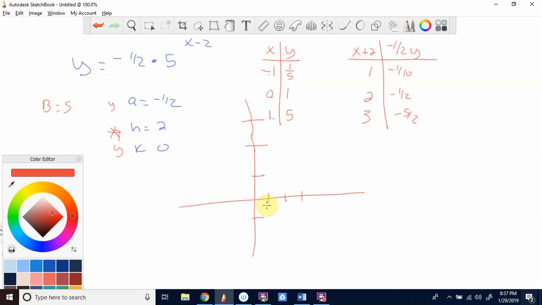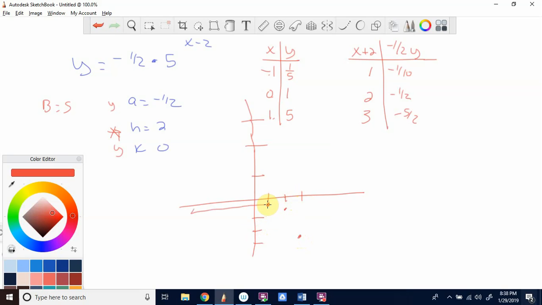So somewhere right here. And then 2, comma, negative 1/2. So it's going to be right here. And then 3, comma, negative 2.5, which is about right here.